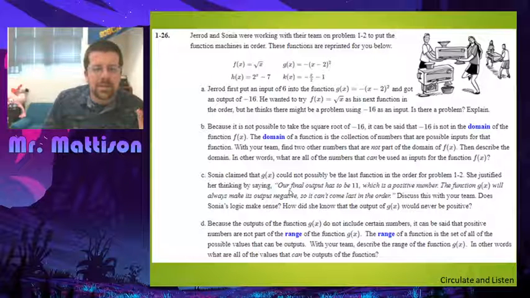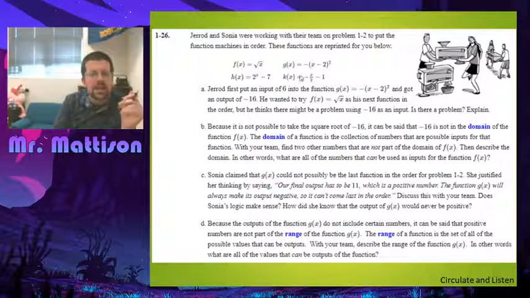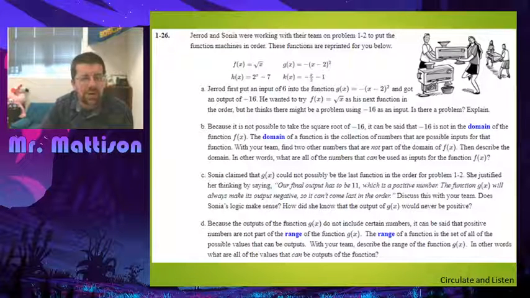And then Sonia here says that if our final output has to be 11, which is a positive number, the function g will always make an output negative, so it can't come last in our order. So her basic claim here is that the g function, which is right here, will always make things negative. We said that too, right? If I take whatever's in here and then square it, it'll always be positive, because squaring things always makes them positive.